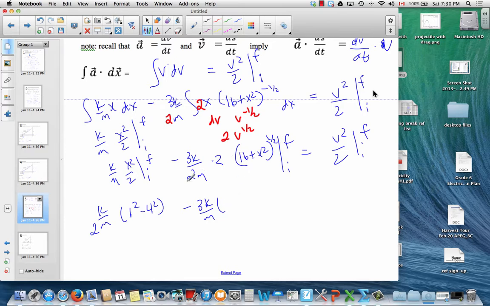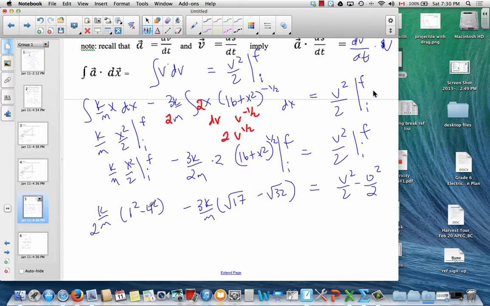I canceled the 2 there, that's why the 2's disappeared, and now when I put in 1 I get root of 17, and then I put in the 4, and it's root 32, and then here it starts off at rest, and then the final speed's an unknown.